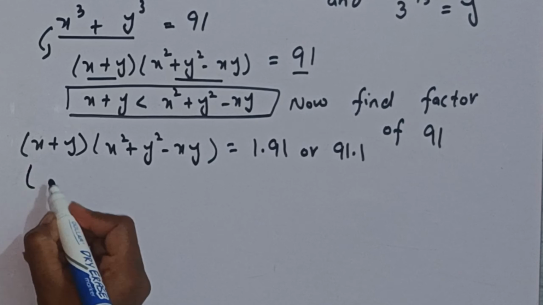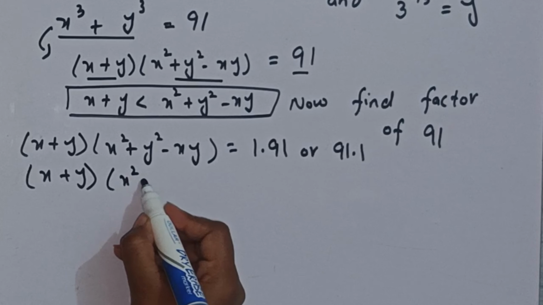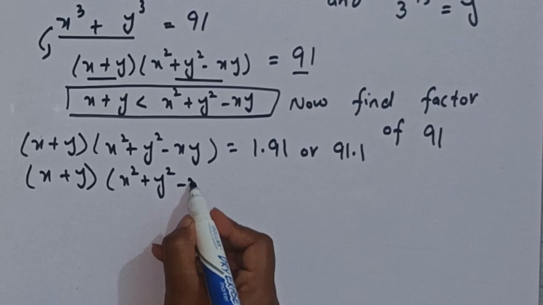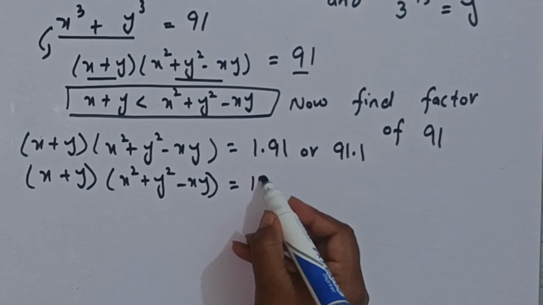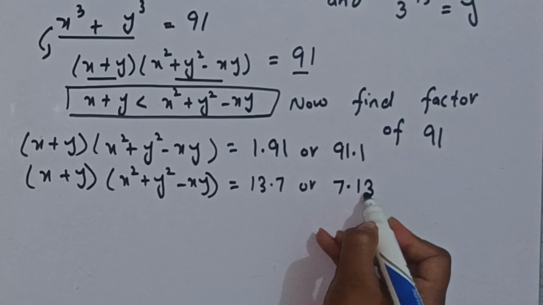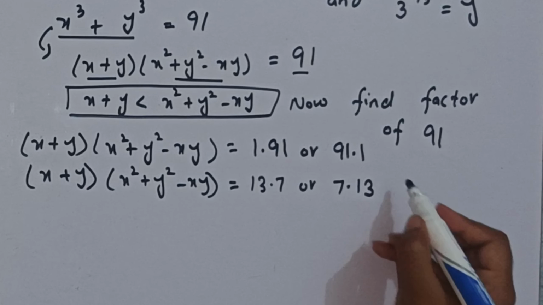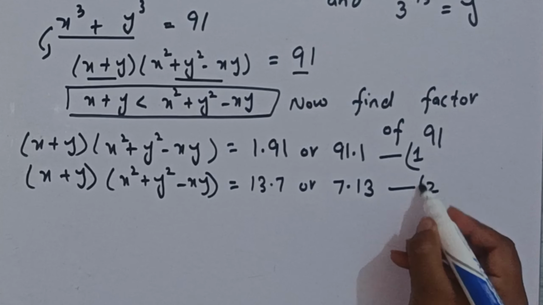Now we find another factor of 91. So we copy the left hand side. Other factor of 91 is 13 multiply 7, or we can also write this as 7 multiply 13. This is our first case and this is our second case.